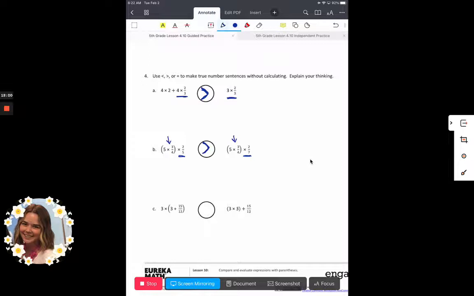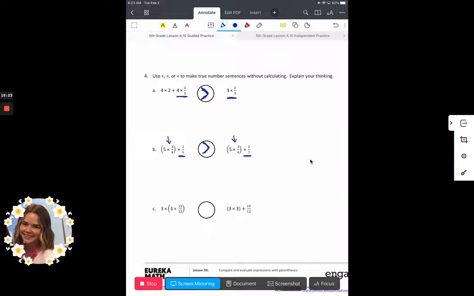So if we look at this expression, all the numbers are the same, right? We have a 3 times 3 plus 15/12. The expression is essentially the same except for where the parentheses are. And remember that according to our order of operations, our parentheses tells us what we need to do first.